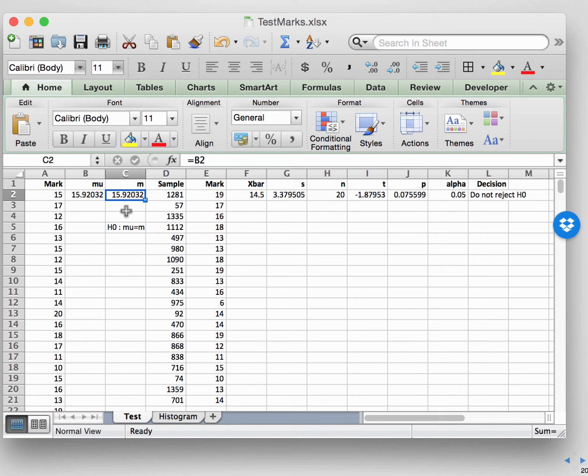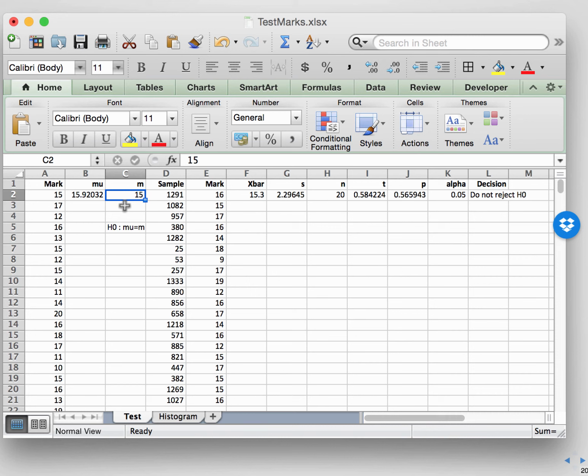Let's put in 15 for our value for m. So the null hypothesis is now false. Mu is 15.92, but m is 15, and we've got a positive shift, because mu is bigger than m.